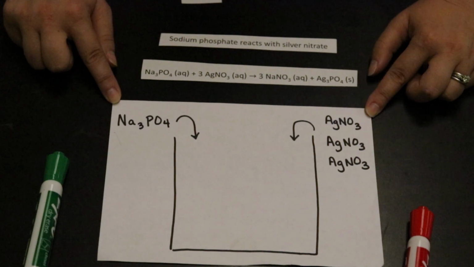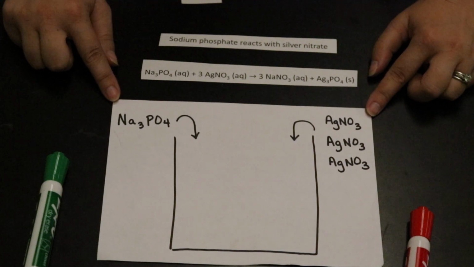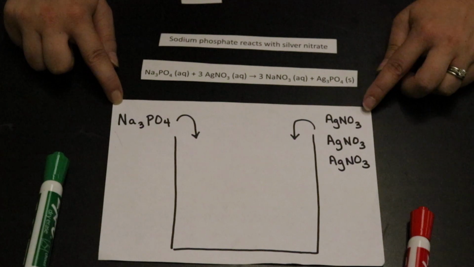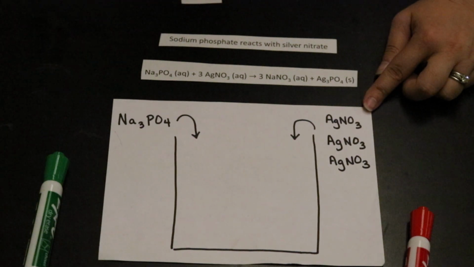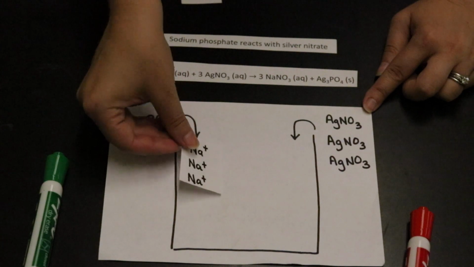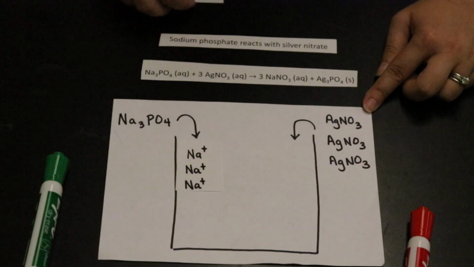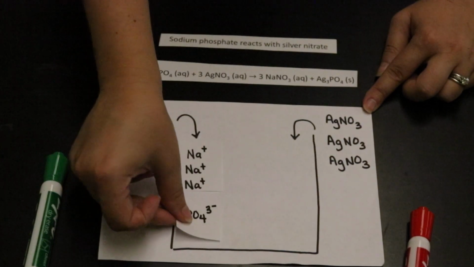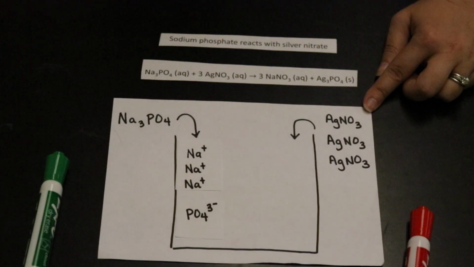We know that anytime you have an aqueous ionic compound, that when you put that ionic compound into water, or when it is aqueous, the substance breaks apart into its individual ions. So when you put Na3PO4 in a solution, it actually looks like 3 Na pluses and a PO4 3 minus just floating around in the water.